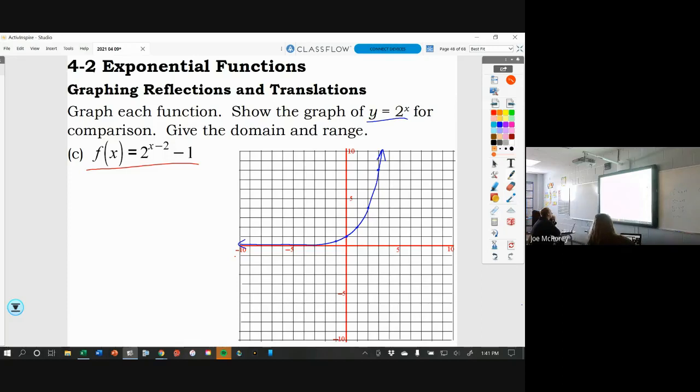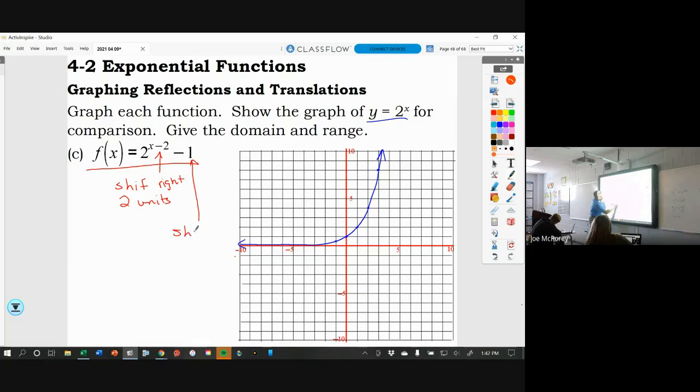We've got some shifts going on. What do we see? Would the -1 shift it down?